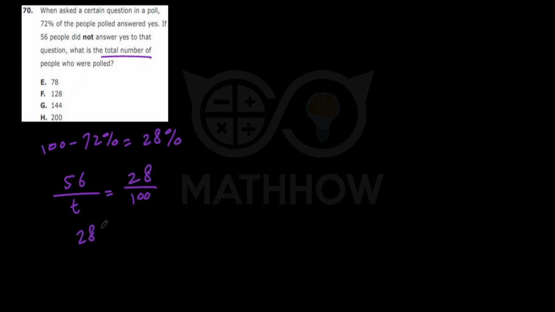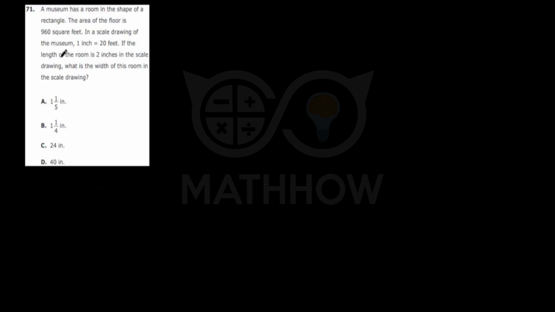Cross multiplying, 28t equals 5600. Dividing by 28 on both sides, 28 ones are 28 and 28 twos are 56 and 0. t equals 200. So the total number of people who were polled is 200. The correct answer will be option H.